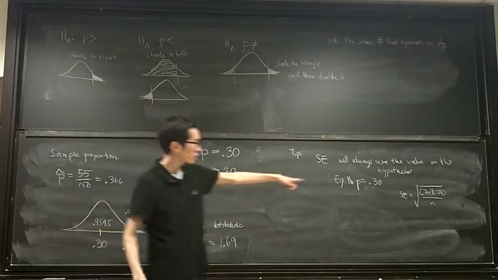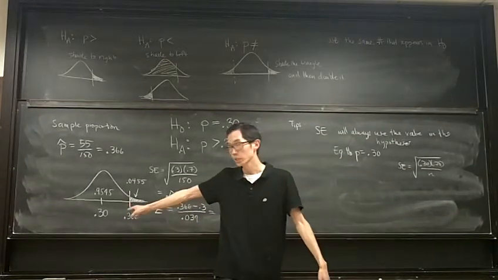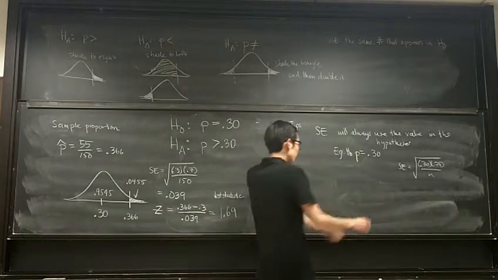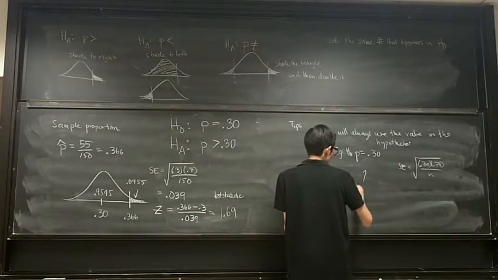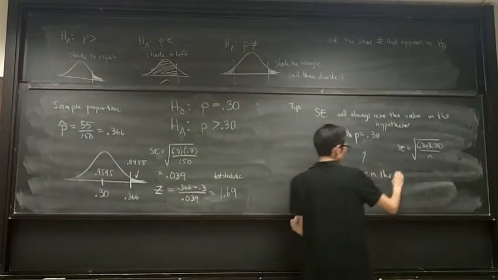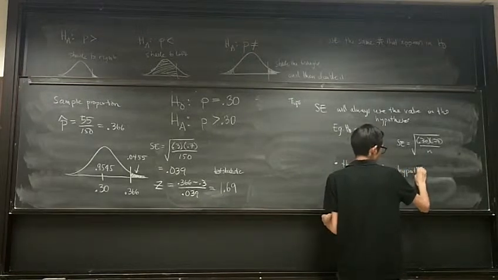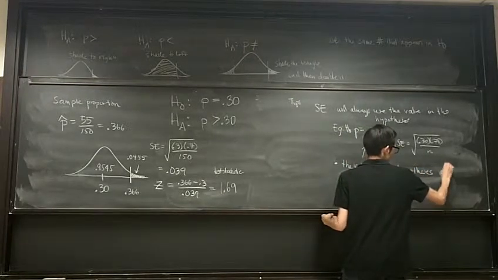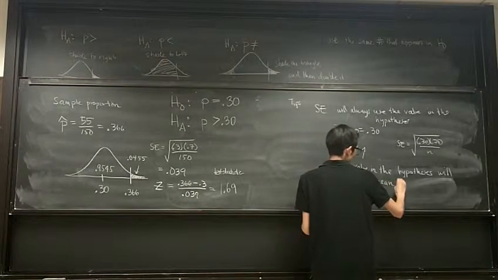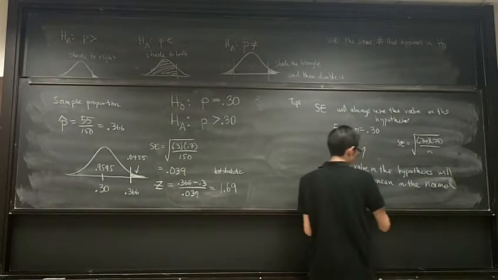And then whatever occurs in your null hypothesis will serve as the mean in your normal distribution, okay? The value in the null hypothesis will be the mean in the normal distribution.